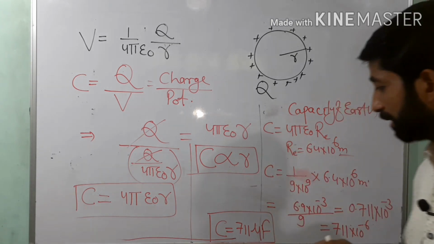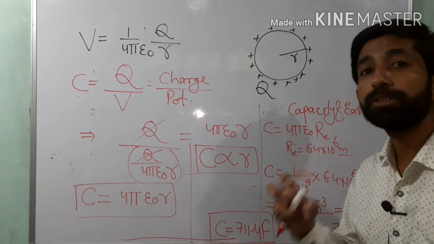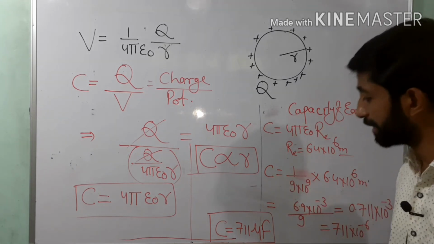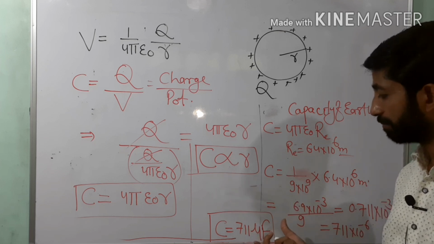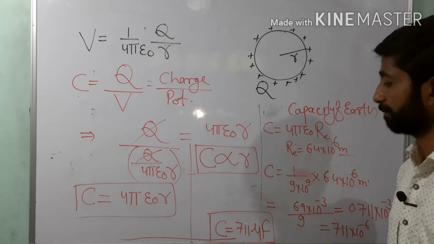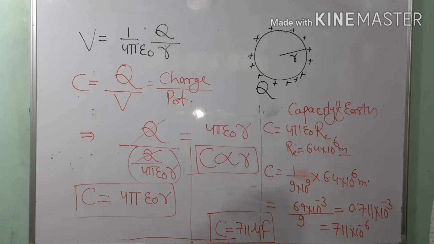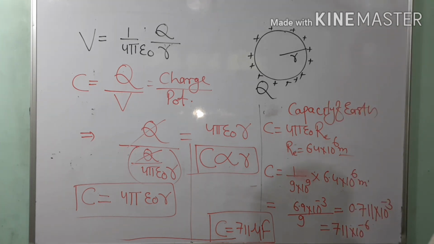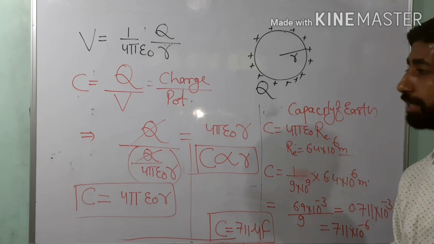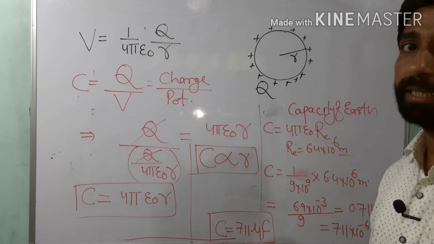So you can get the idea of how small the capacitance of all these devices is. So this is the largest body on the earth, and this is the capacitance of earth. Note it down. We shall see you in the next video, that is the capacitance of a parallel plate capacitor.